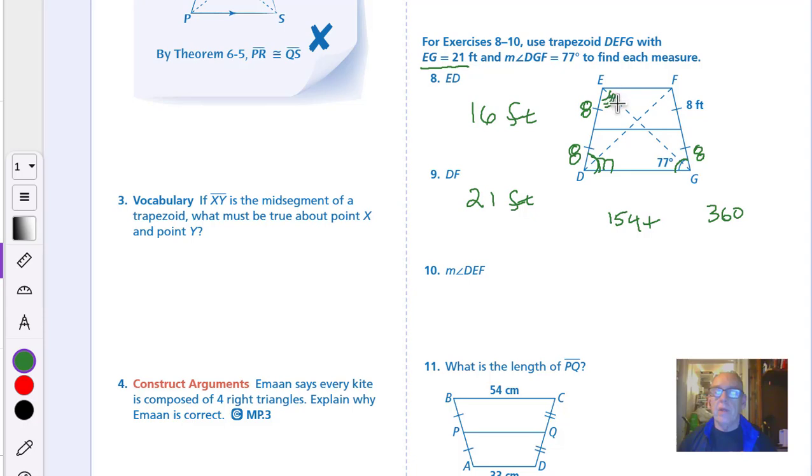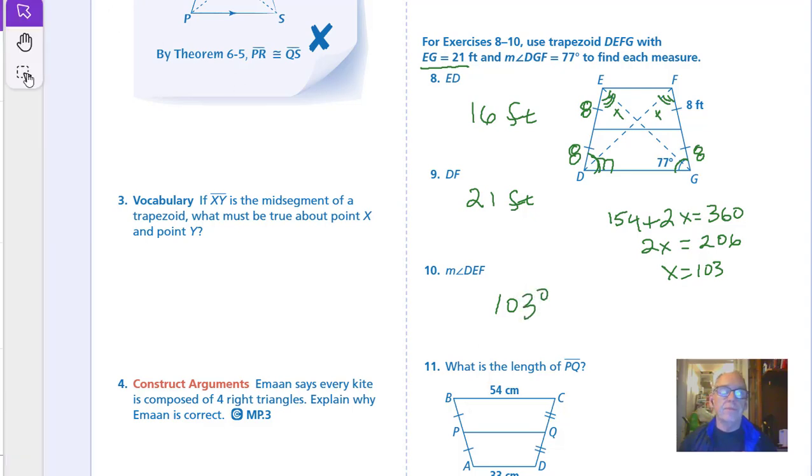And then each one of these is going to be congruent. So we'll call this X. And they're congruent. So 154 plus 2 X's is 360. Take 154 away from both sides. This is going to give us 206 is equal to 2 X's. And divide by 2, X is going to be 103. So this angle DEF is 103 degrees.